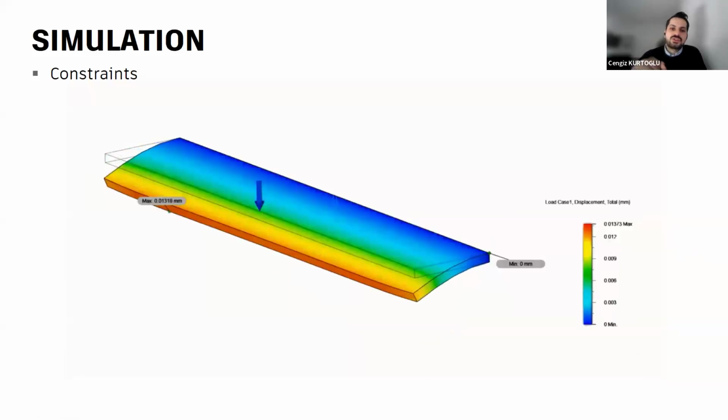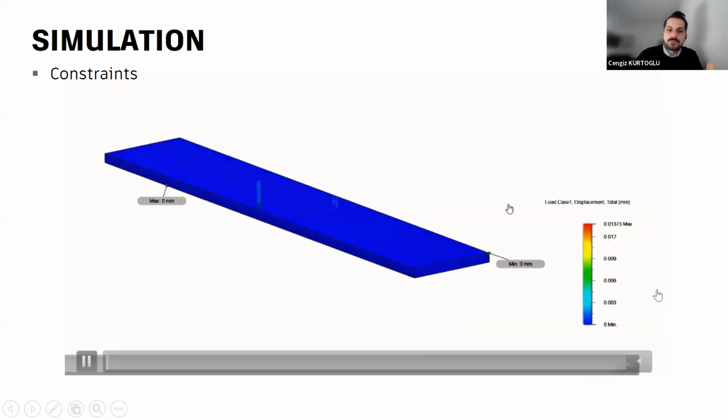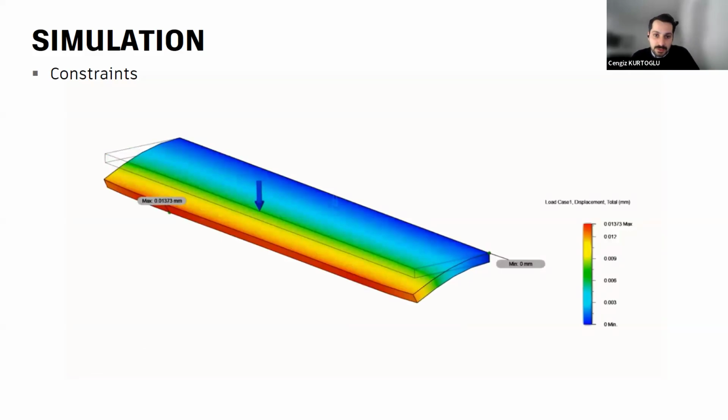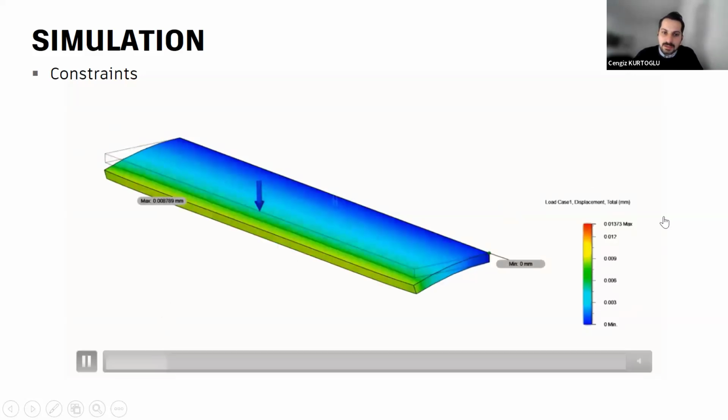Well, if we change the face of the constraint, as you can see, the same rod, same material, but it changed the constraint face, and also the load. So the result is dramatically different. As you can see, there is no change in the magnitude of the load.